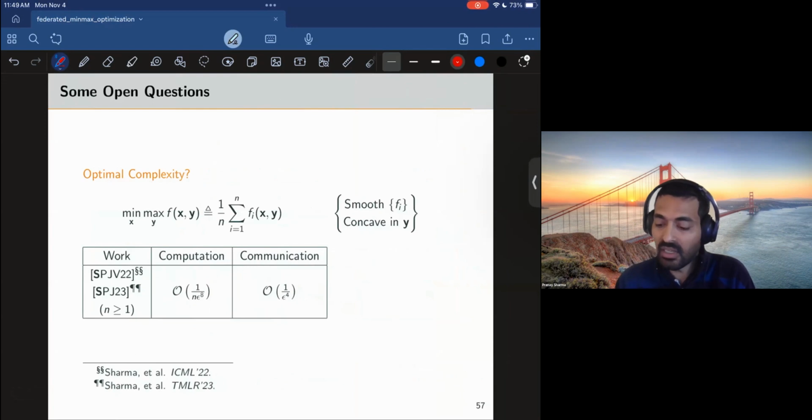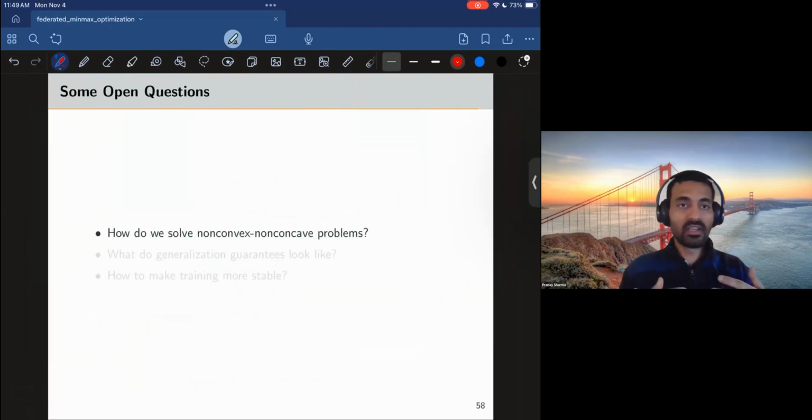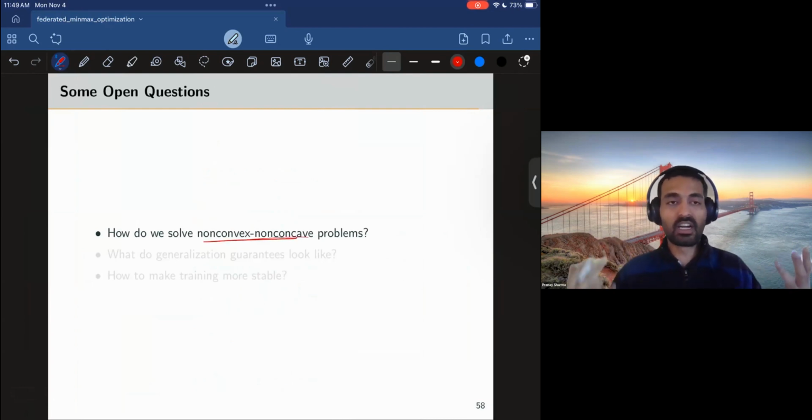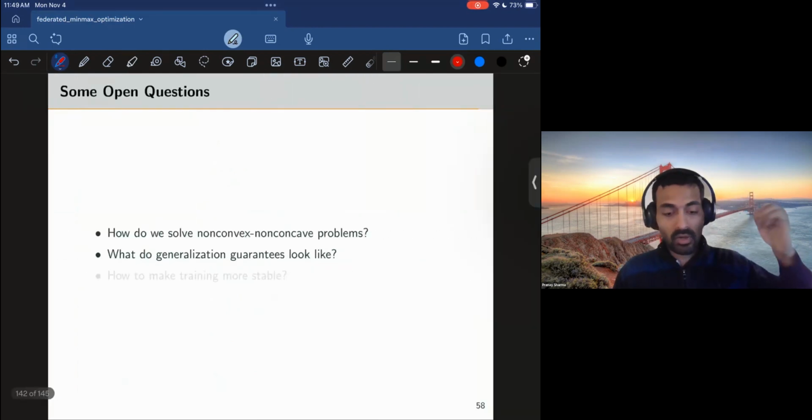Second, as I mentioned earlier, when you have concavity in Y, what is the optimal complexity? This is an open question. And finally, as I mentioned earlier, non-convex, non-concave problems are a very hard problem, and a lot of work is required in this space. Also, so far I only talked about optimization guarantees.